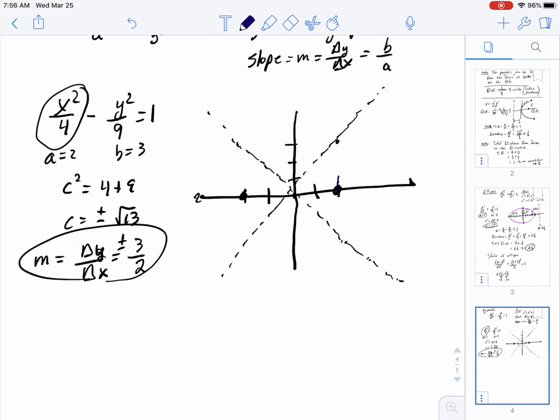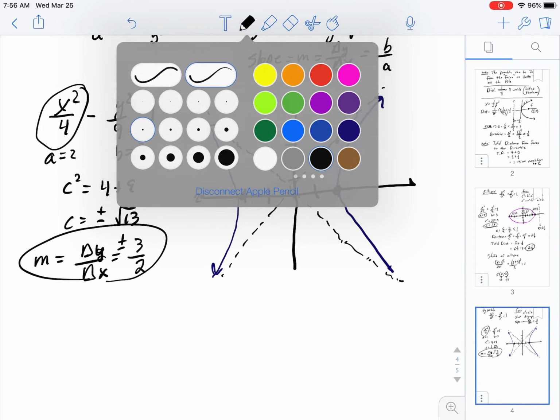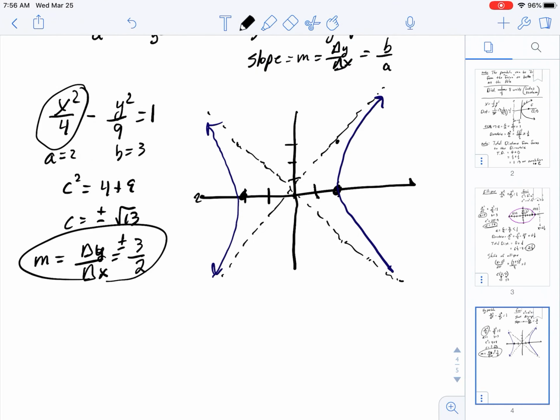So, therefore, we have that. Okay, so now our focus.